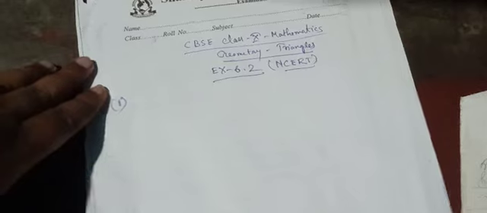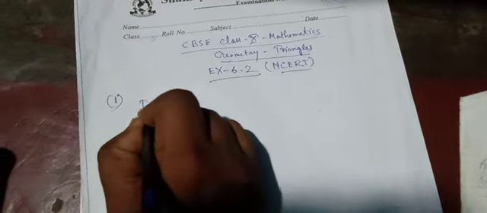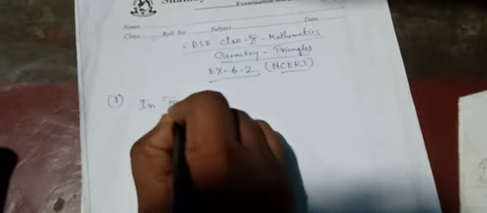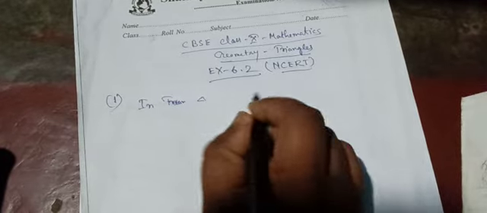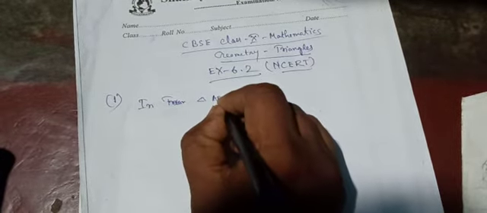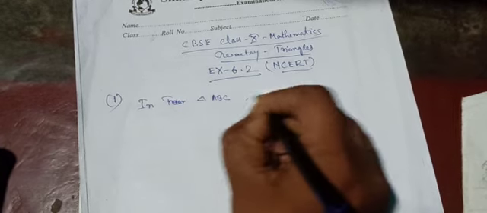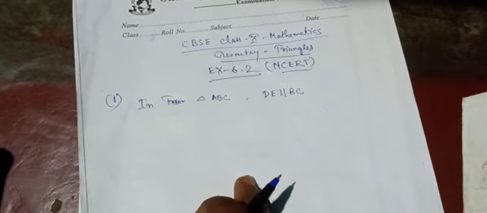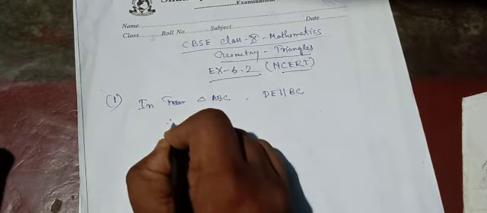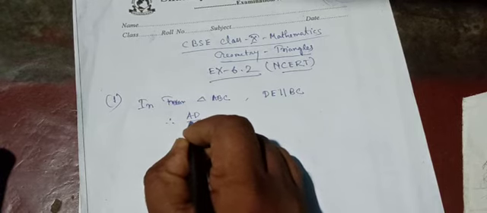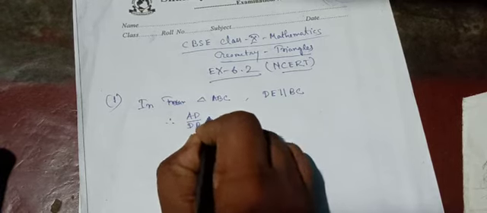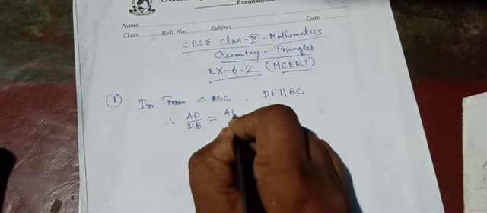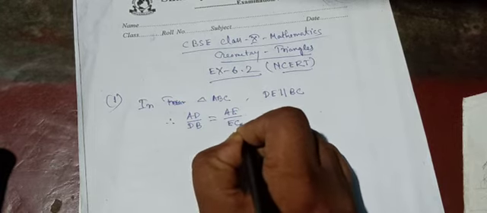In triangle ABC, DE is parallel to BC, it is given. So obviously AD by DB equals AE by EC.